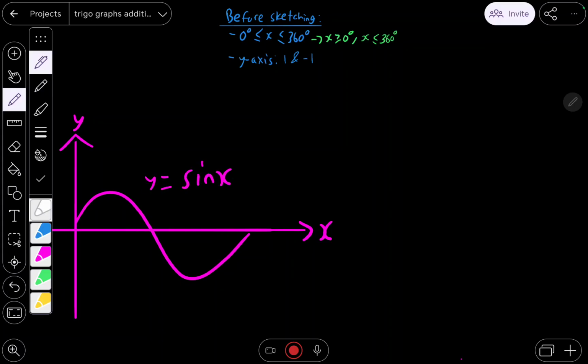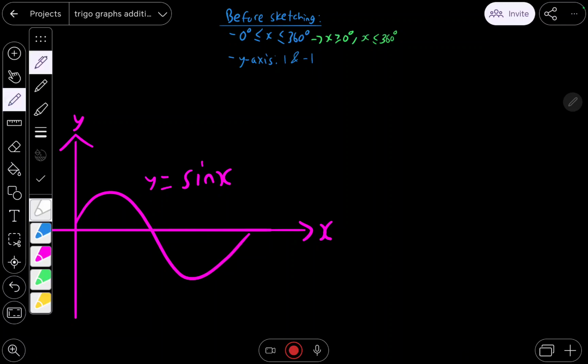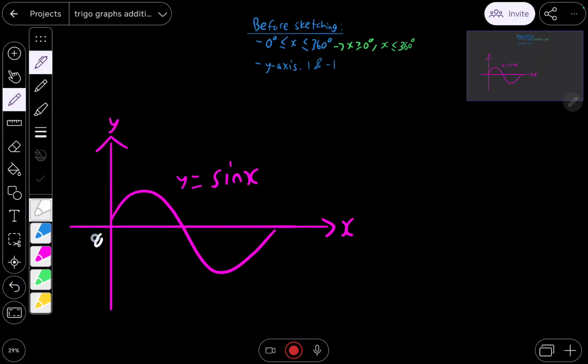Okay, so we do know that in a sine x graph, actually this is a wave, as you have learned in physics. If I'm not wrong, I think it's chapter 11 or 10 on the chapter of general wave properties. You have seen a wave diagram which is like this, so something similar, yeah. And of course, don't forget about the origin.